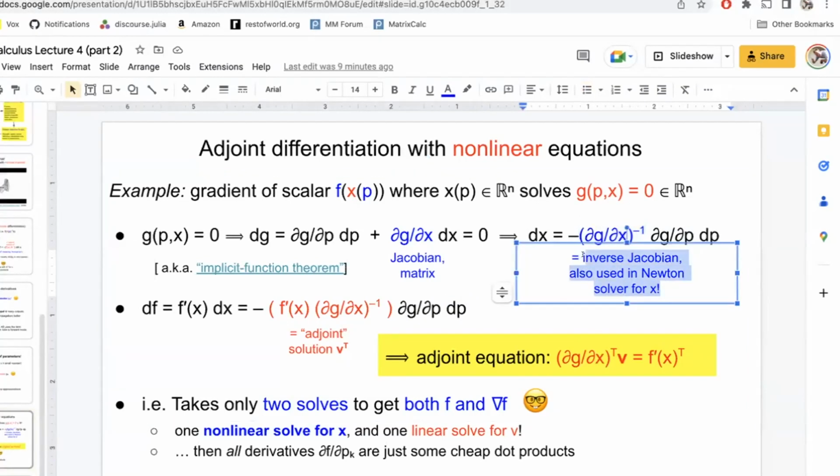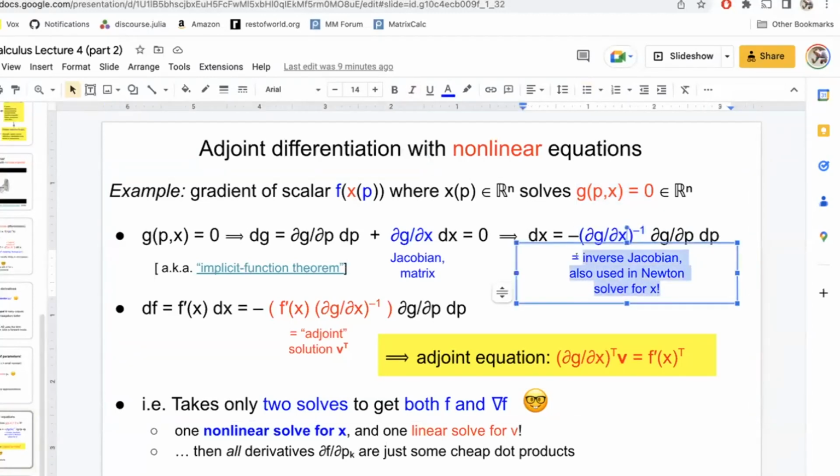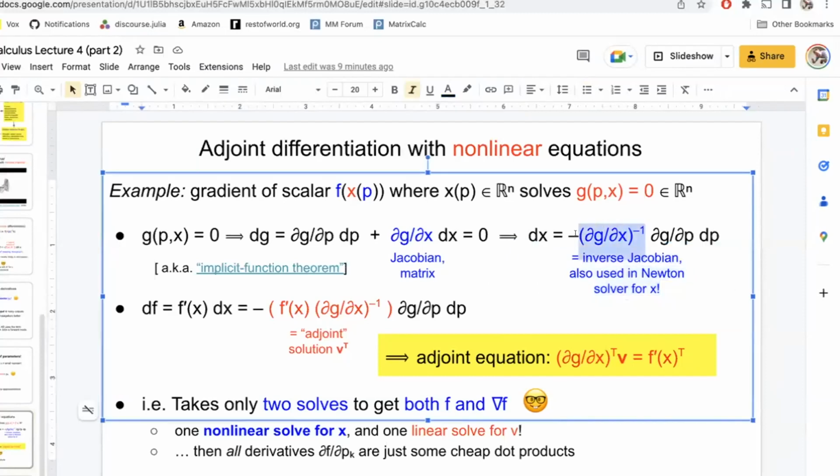Okay, and notice that this Jacobian matrix is exactly the same Jacobian matrix you would use in the Newton solver for x. So if you're solving nonlinear equations, you already have this Jacobian, and you're already solving systems with this. You're inverting this Jacobian or solving systems of equations, right? And so again, you do the same trick. The whole trick is to compute df, you just multiply this left to right. So this is a row vector. This is an inverse Jacobian.